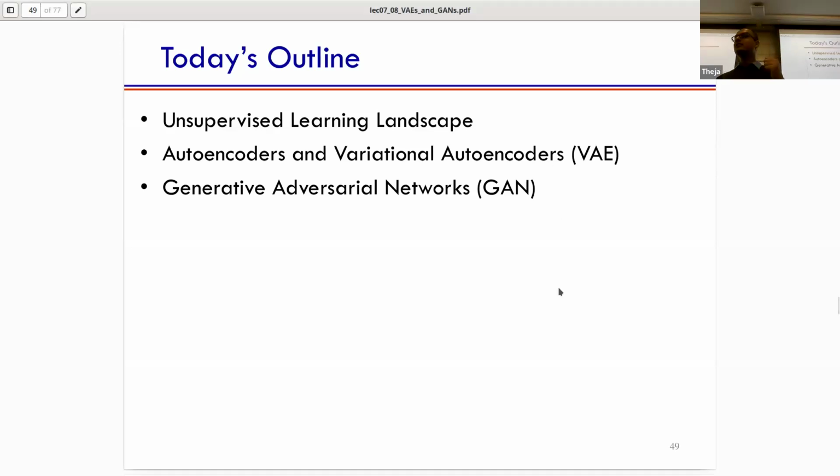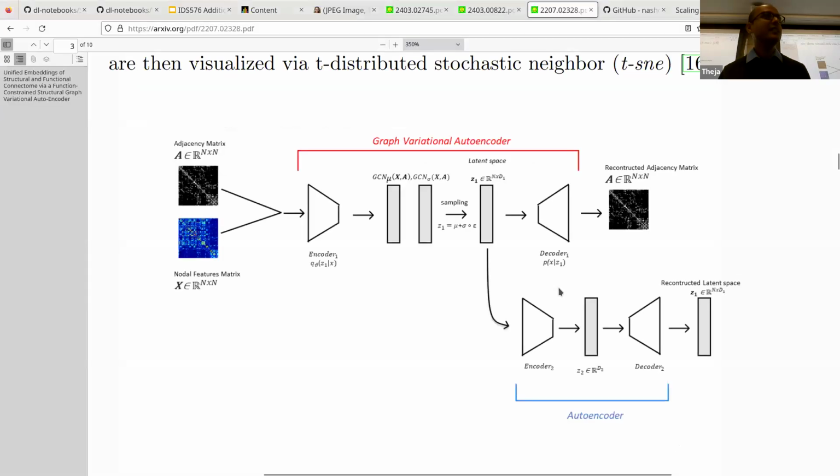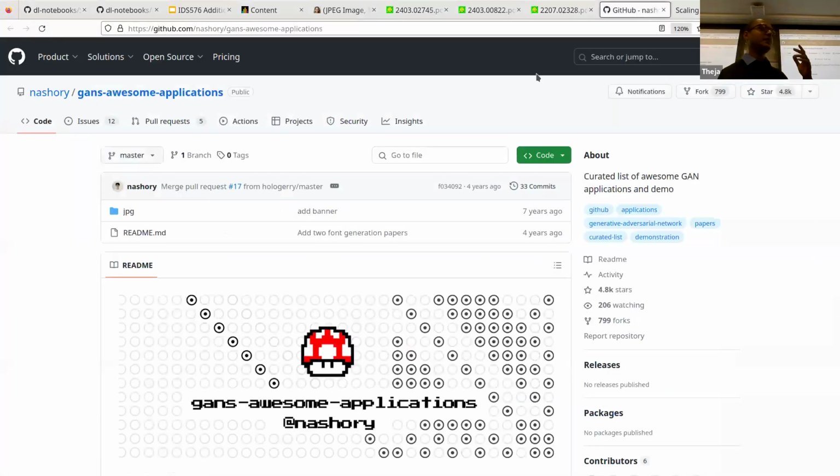Yeah, and we already saw a picture to motivate GANs, which is thispersondoesnotexist.com. I'm not going to show it again, but that was an example motivation. But GANs have so many applications. Oh yeah, so you can look at some others.